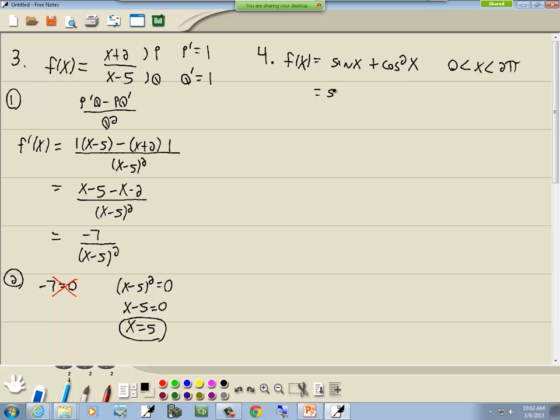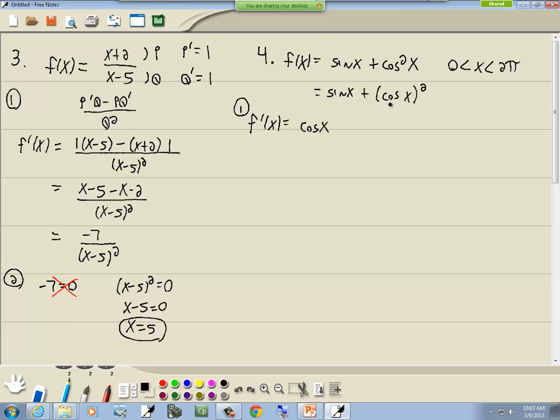Well, first off, this is sine x plus cosine x to the second power. That's what that means. So to find our derivative, step 1, derivative of sine is cosine.